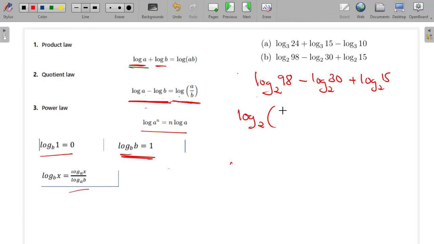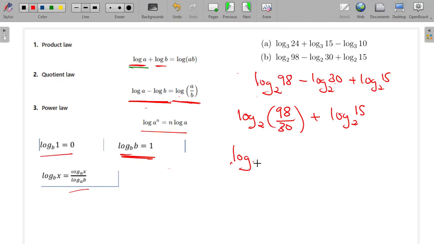Here, since there's minus, we are going to form the quotient, that is 98 over 30, plus log base 2 of 15. So what is 98 over 30?